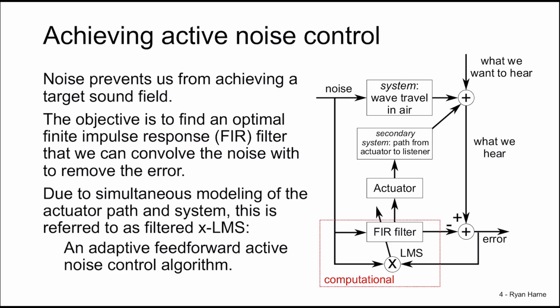So in practice, the FxLMS algorithm is adaptively updated to model the actuator path and then feed this signal back into what we want to hear. When added with the noise, that canceling signal identified through the filtered-x LMS algorithm succeeds to reduce the noise level and indicates that what we hear is what we want to hear.